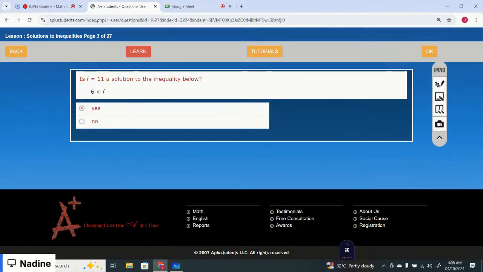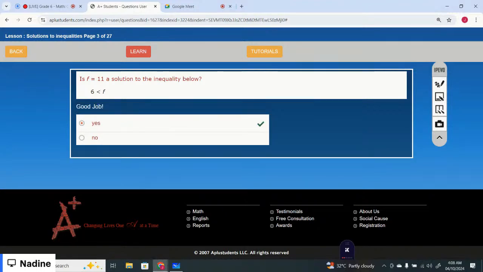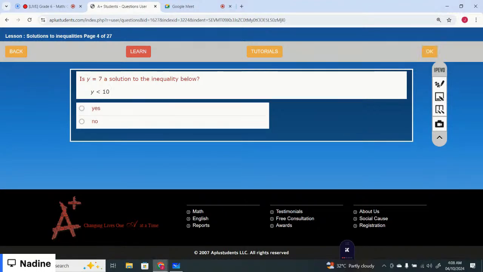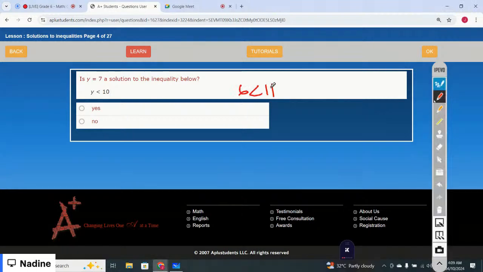Is y equals 7 a solution to the inequality below? Which is the correct option? That is 7 is less than 10.